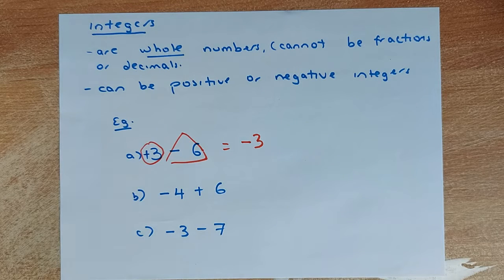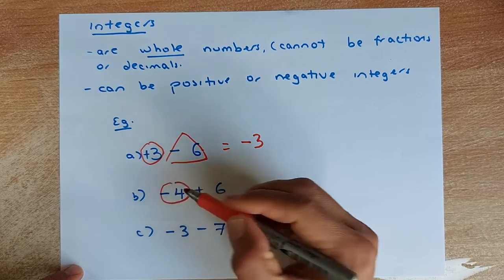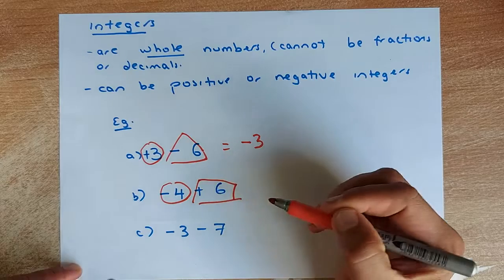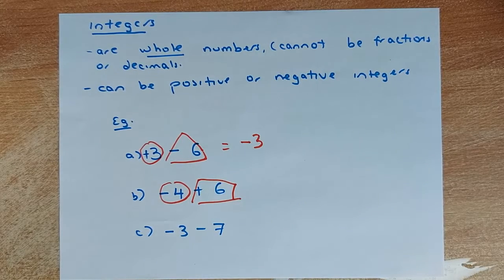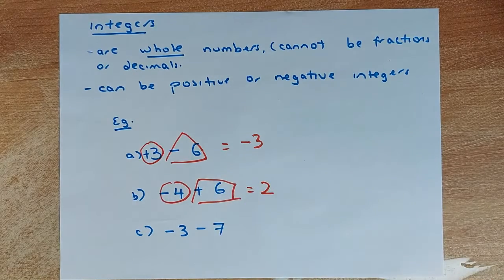Similarly, the second example: if you have a -4, this negative belongs to the 4 and the positive belongs to the 6. If you spend $4 and someone gave you $6, what's the final outcome? Very simple. If you have $6 and you spend $4, the answer is going to be $2. So far so good? Now we're going to do something slightly different.